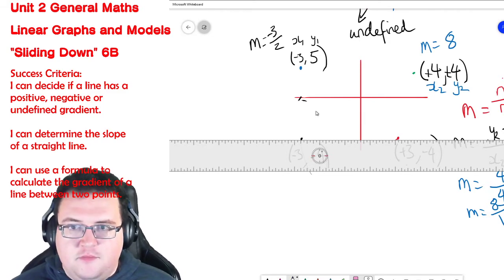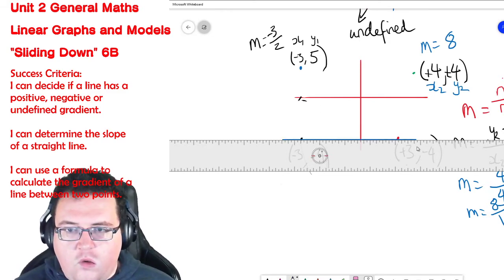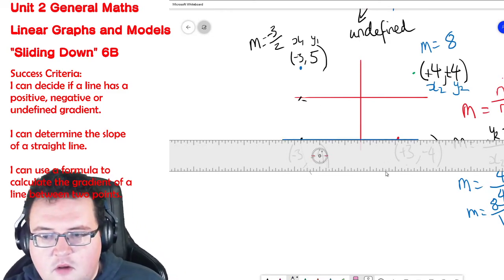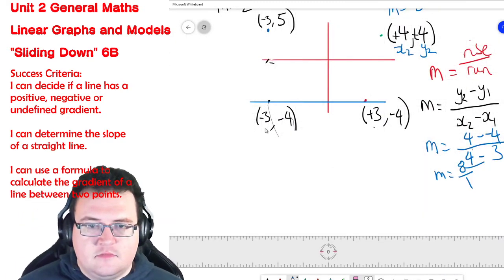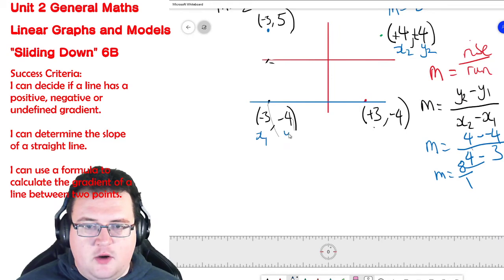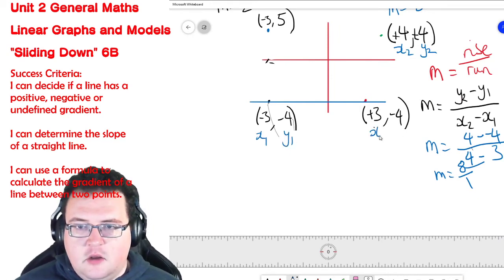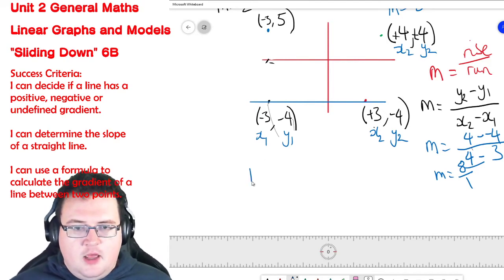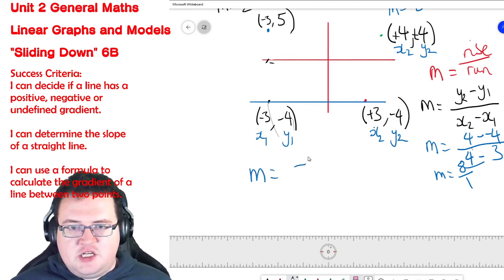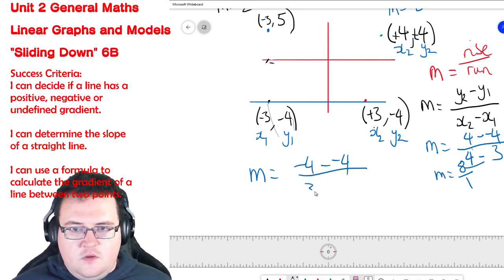I'll do it in blue. Again, point on the left, point on the right. X1, Y1, X2, Y2. M equals minus 4 minus minus 4 divided by 3 minus 3.